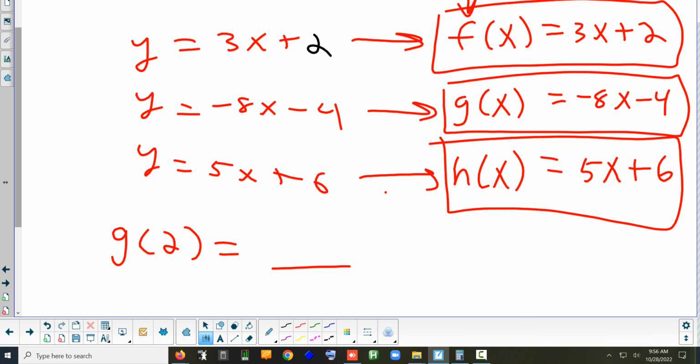Right, we're using formula G. And what number are they telling me to plug in to formula G? Yeah? 2. Oh, plugging in 2. So this is the formula you're supposed to use. This is the number that you're supposed to plug in. So this means evaluate formula G when the x value is 2. That's what that notation means.